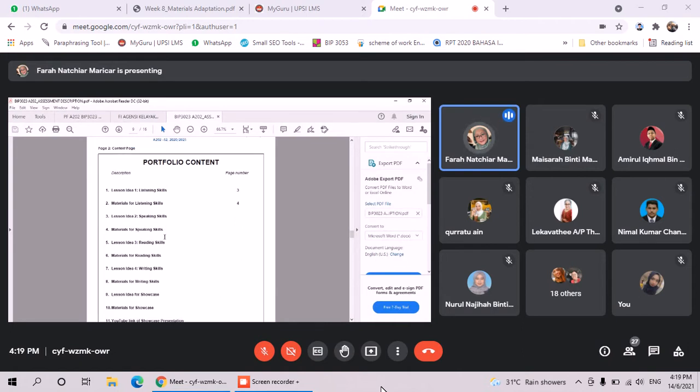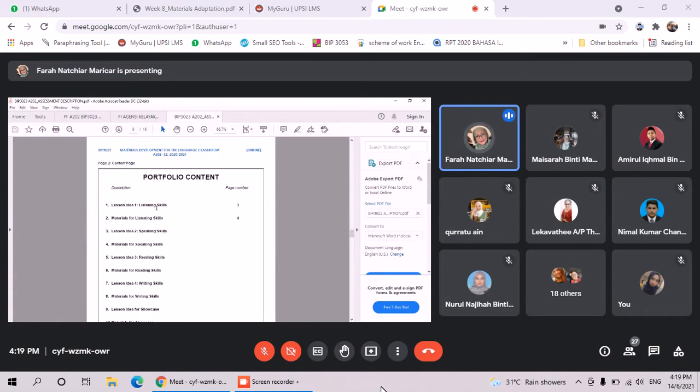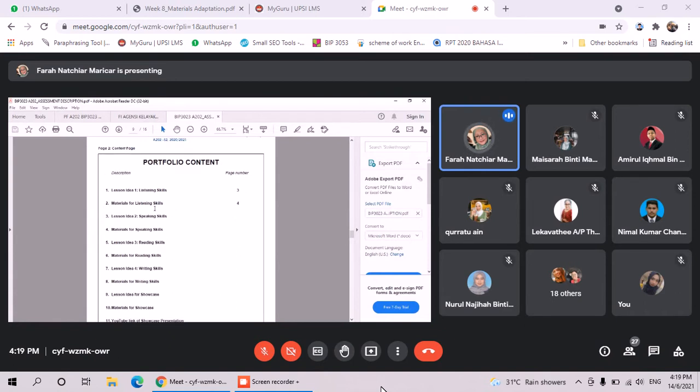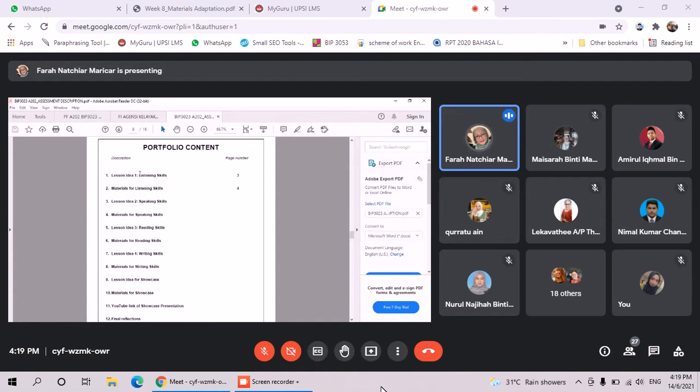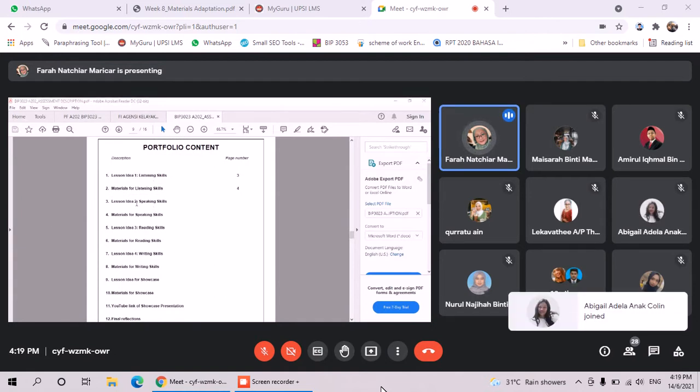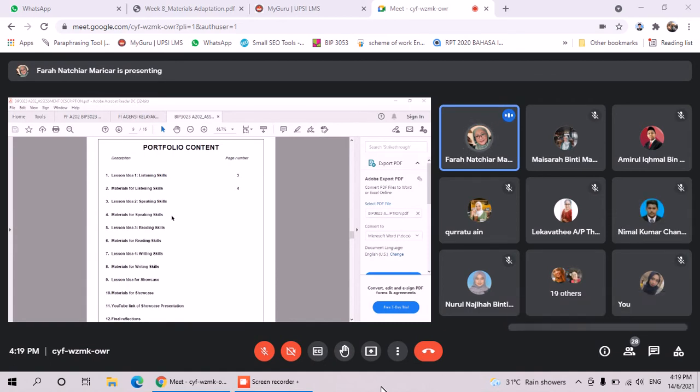So in a portfolio, this is a learning portfolio. How is it a learning portfolio? Because it will show all the things, and the assignment has encapsulated all the skills or knowledge that are required for you to produce this portfolio. So evidence of your learning is here.